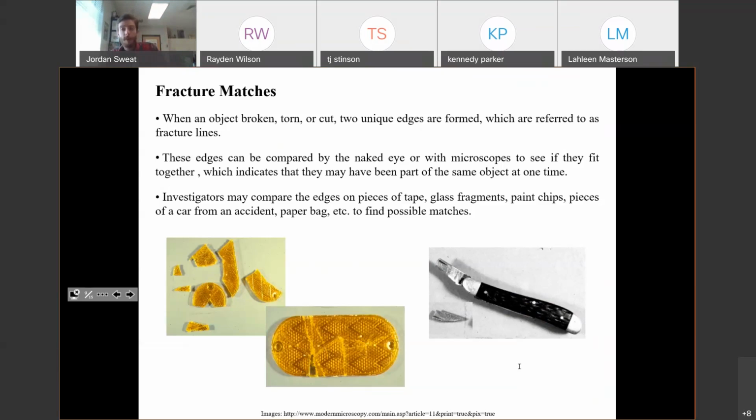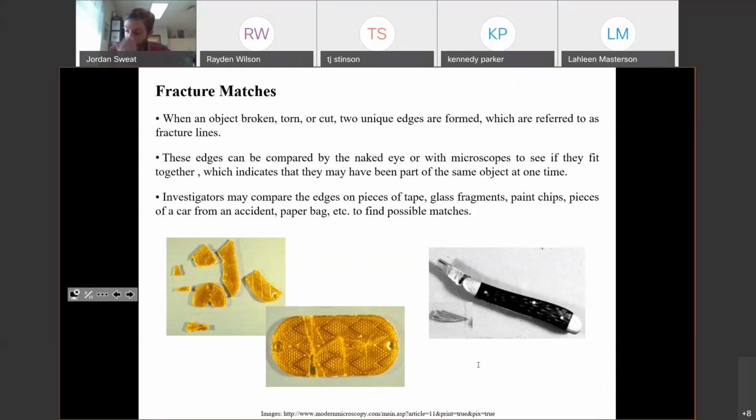I'm going to take it just a step further than what Raiden did. The unique edges that are formed when an object is broken or torn or cut. Just those unique edges, and just like the pieces of a puzzle, they should come together perfectly. All right.